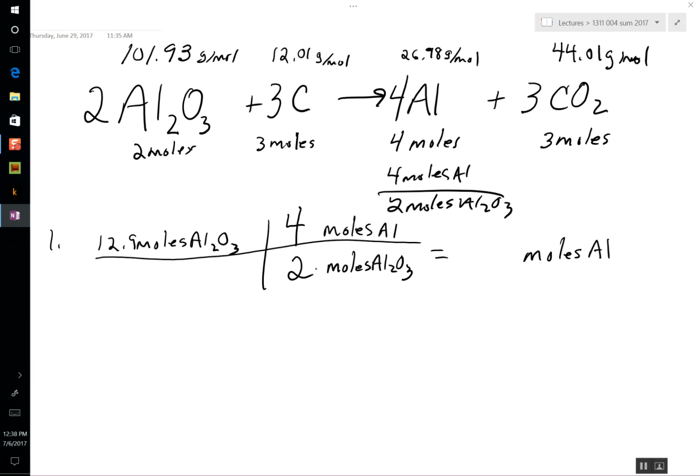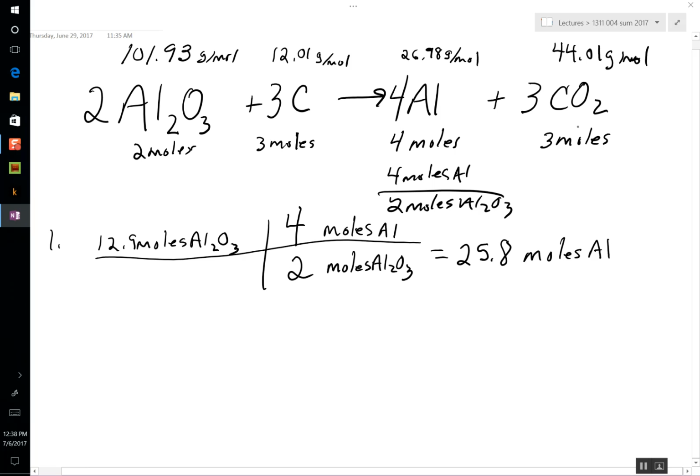And so 12.9 moles of aluminum oxide can produce how many moles? 25.8 moles of aluminum. We're just relating moles of one thing to moles of another thing.